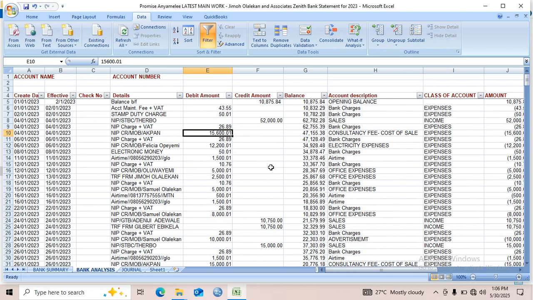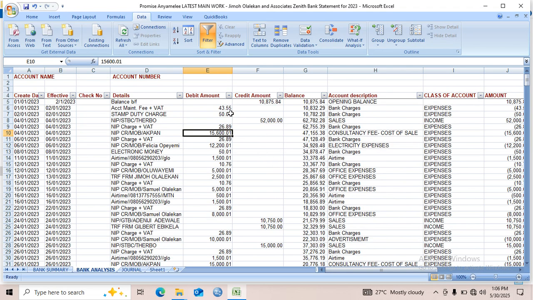You just do the corresponding entry there. Since airtime of 1,500 is put on the debit side once you've purchased it, just do the credit side to cancel it. So that is how you treat your reversal. Those are the things that will be on your credit side.